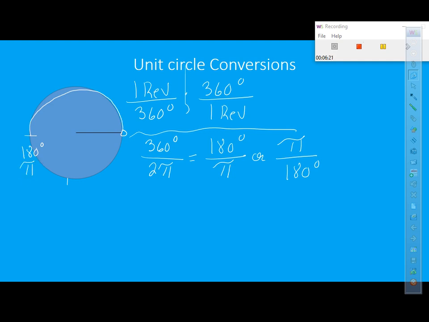If you take half of 3.14, that would represent the distance from there to there. And then, of course, from there, I can break it down even more. 90 degrees and pi over 2 radians are the same thing. I could go 270 degrees and 1.5 pi's are equivalent.